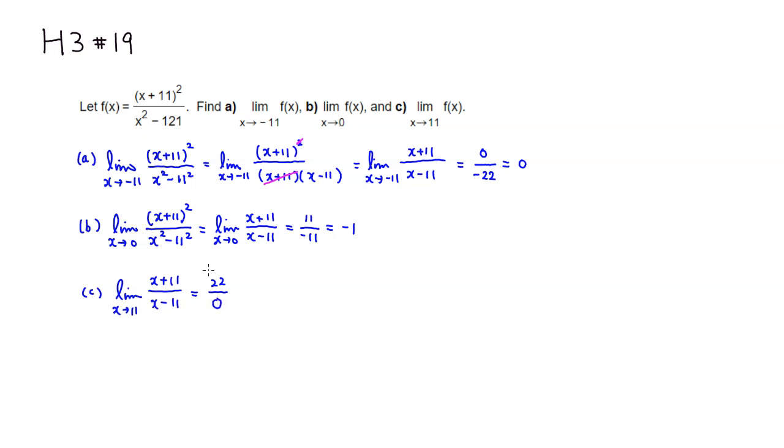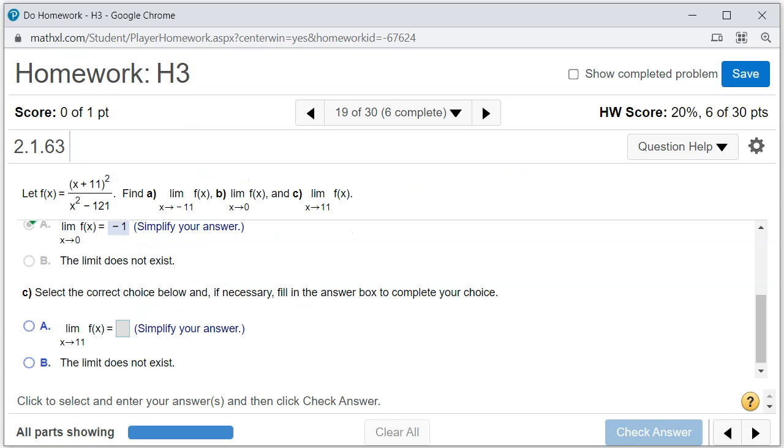So in this case, the limit does not exist. If you get 0 on the bottom and non-zero on top, the limit does not exist. Let's check the answer.